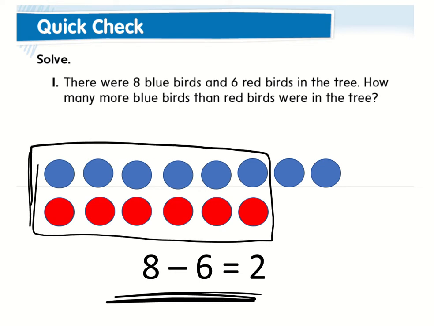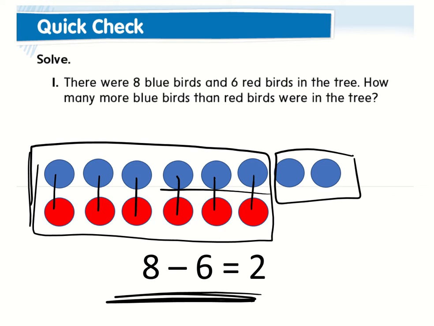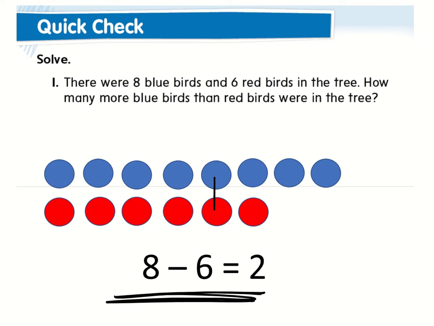So you can notice that all of my blue and my red are matching up, and you can see that I have these 2 more than the red on the bottom. But the way that we're going to do that with our subtraction problem is 8 minus 6 equals 2 to figure out that problem right there.